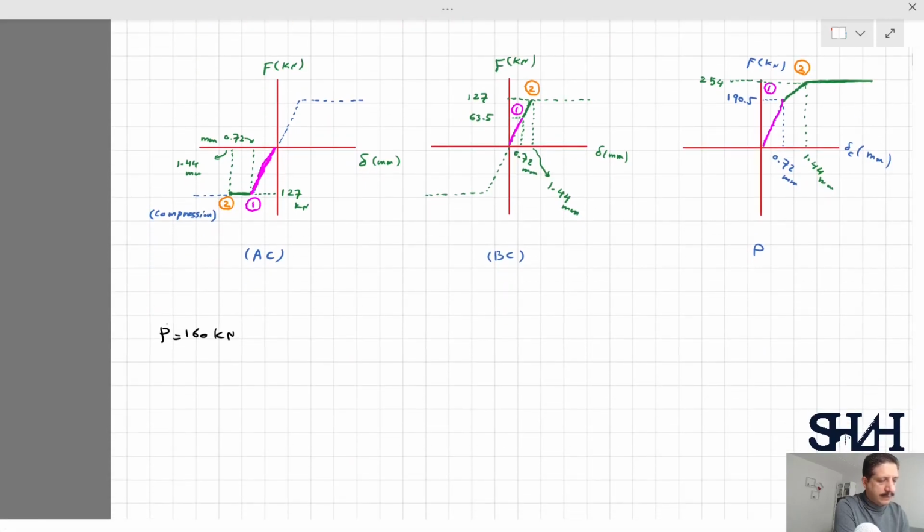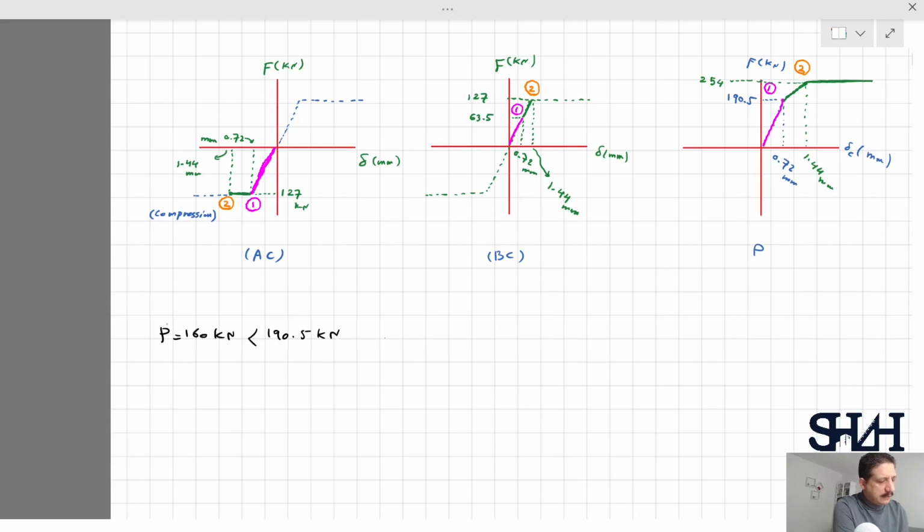In this case, if the load is 160 kilonewton, this is less than the 190.5 kilonewton that we calculated earlier. As a result, this load is less than the total load that can be applied until one element, which was AC, becomes plastic.